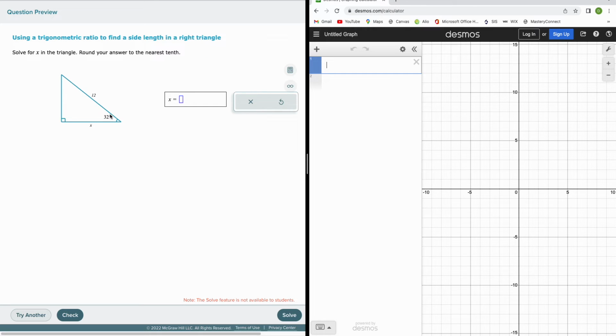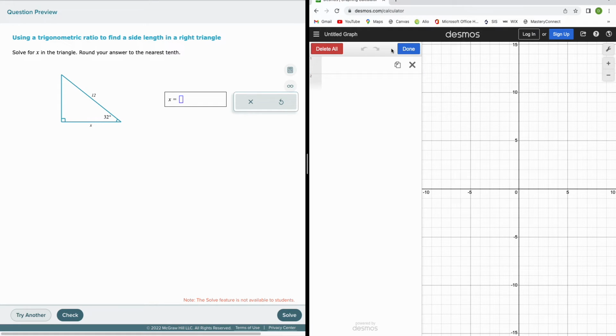Now you need to figure out what your other two sides are. Well, in this case, I'm seeing an adjacent, which is x, and a hypotenuse, which is 12. So hopefully you can figure out that you need to use cosine in this case.